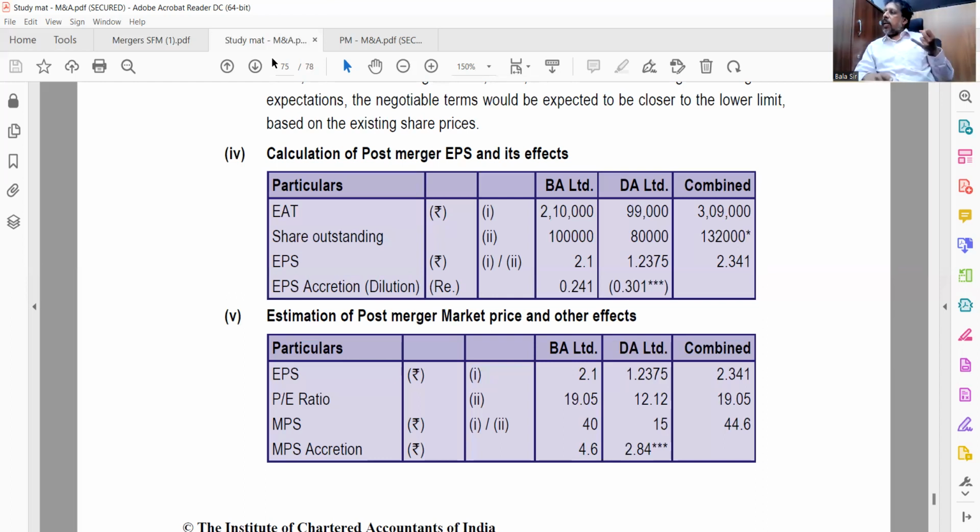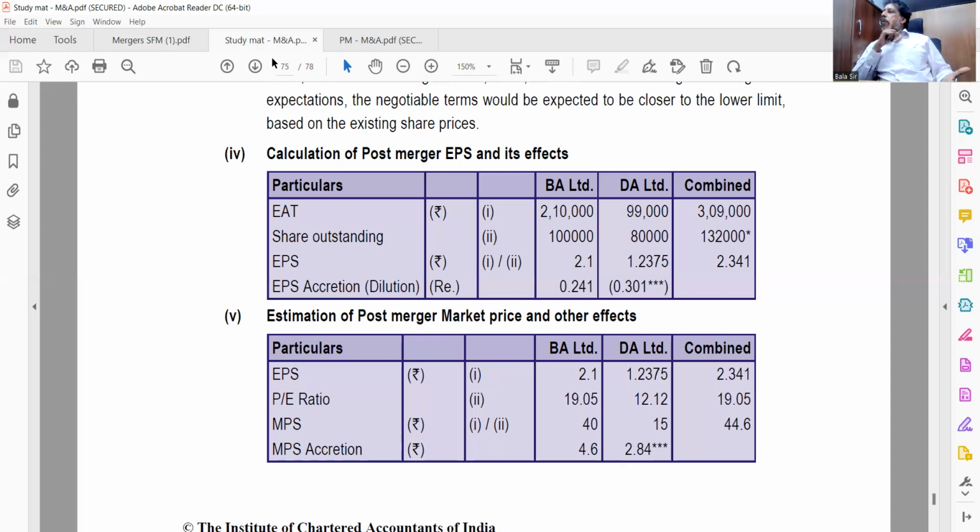For my company, straight away you can compare 2.341 and 2.1 and say 0.241 positive. That means accretion, an increase. Whereas for you guys, it is a dilution. But don't compare the numbers straight away. What you should do is take the post-merger EPS 2.341 multiplied by the exchange ratio 0.4. Then compare that with 1.2375. It's gone down by how much?